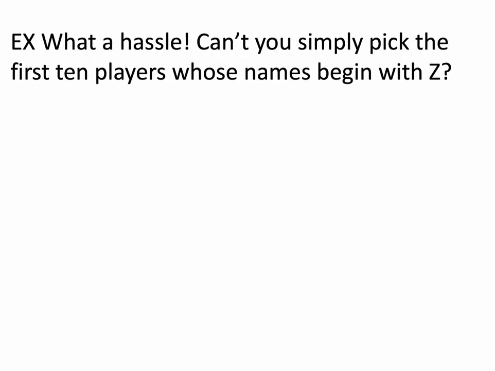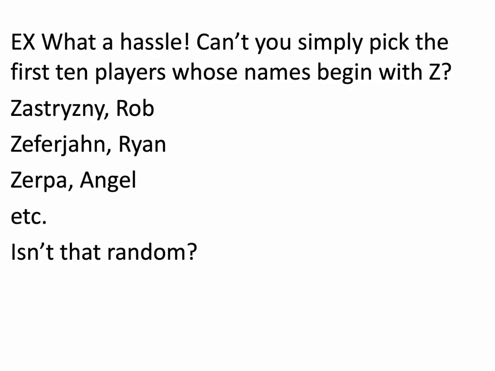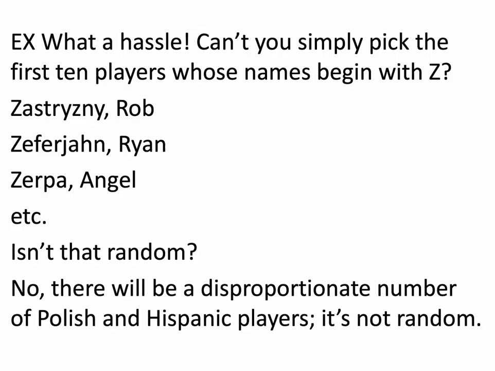What a hassle! Can't you simply pick the first 10 players whose names begin with, say, Z? Like Rob Zastryzny, Ryan Zefferjan, Angel Zerpa, etc. Isn't that random? Well, no. There's going to be a disproportionate number of Polish and Hispanic players.